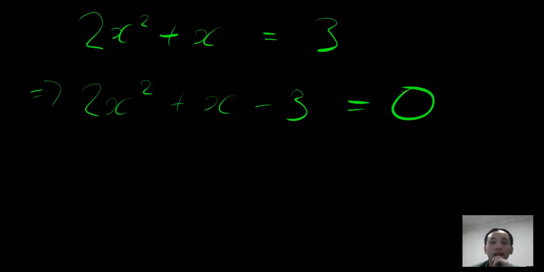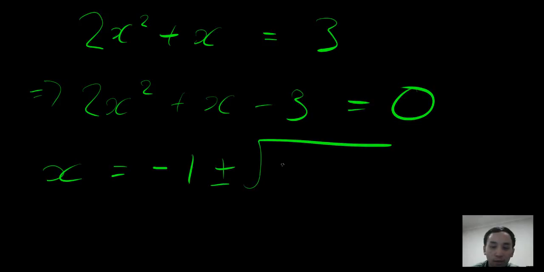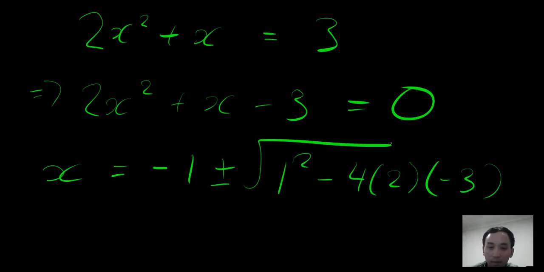Okay, let's see, how can we solve this one here? Maybe I'll just use the quadratic formula. Not feeling the cross method at the moment. Okay, so minus b, we have minus 1, plus or minus the square root of b squared, so 1 squared minus 4, where a is 2 and c is negative 3, all divided by 4.